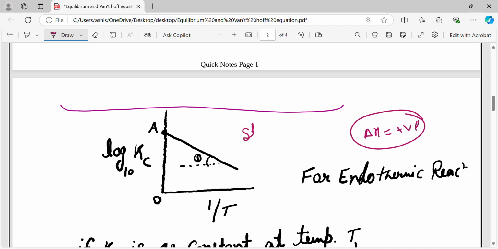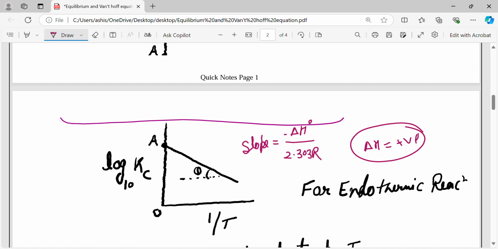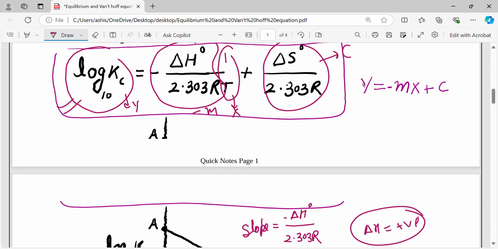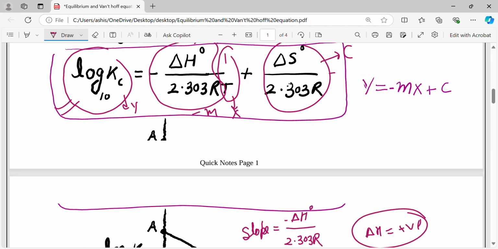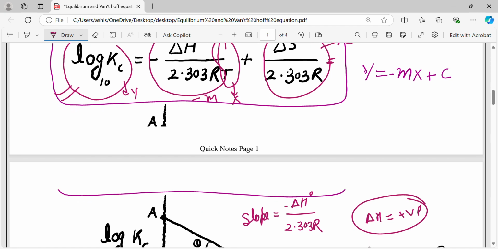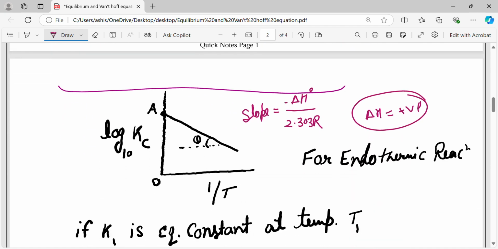The slope of this line will be equal to minus delta H naught upon 2.303 R. And from this equation we get the intercept equal to delta S naught upon 2.303 R. So the intercept, OA, will be equal to delta S naught, the standard entropy change, divided by 2.303 R.